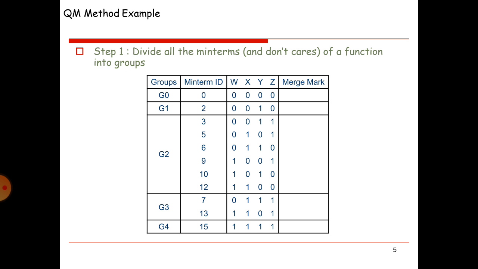In step 1, divide all the minterms and don't cares of a function into groups. So you have to make the groups according to the number of ones: number of 0 ones, number of 1 one, number of 2 ones, number of 3 ones, number of 4 ones. Number of 0 ones means the 0 group, represented by G0.